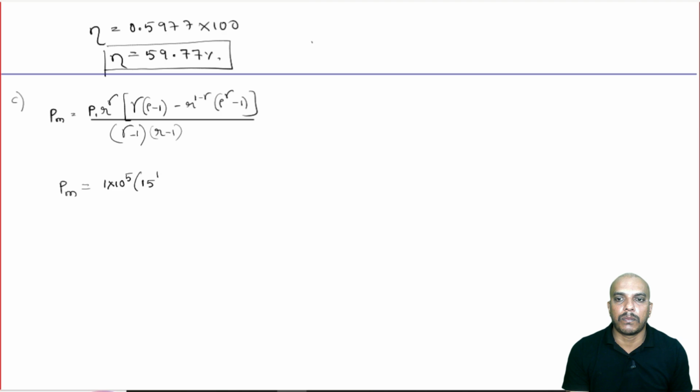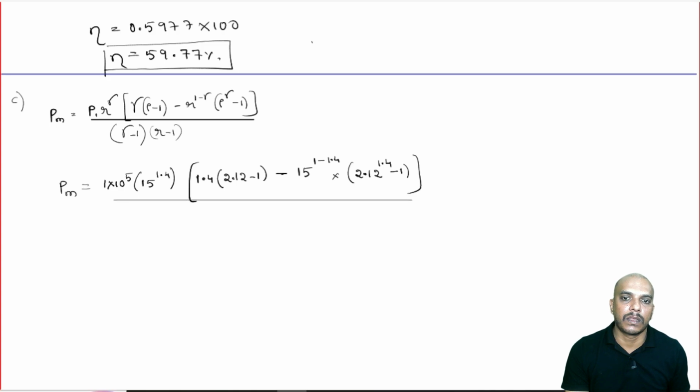So, 15 power 1.4, and then we have gamma value 1.4 into rho, which is 2.12, minus 1, minus R power 1 minus gamma, so that is 1 minus 1.4, and then we have 2.12 power 1.4 minus 1, divided by gamma minus 1, that is 1.4 minus 1, and R minus 1, that will be 15 minus 1. So, this is our equation.